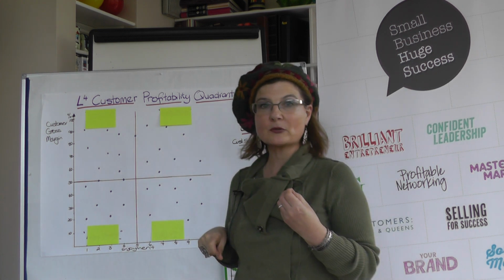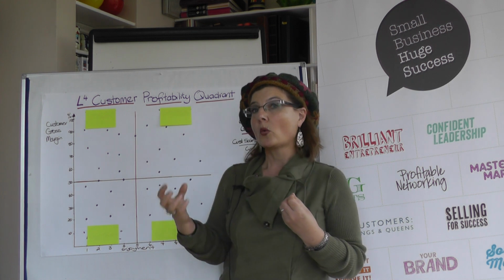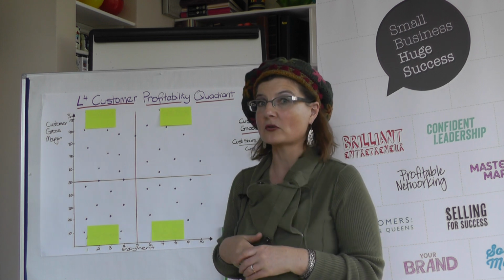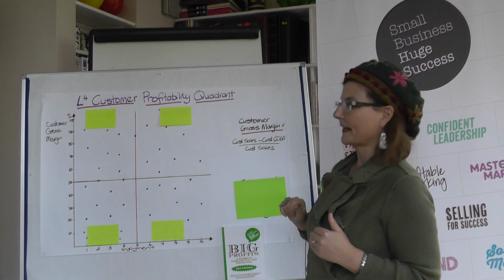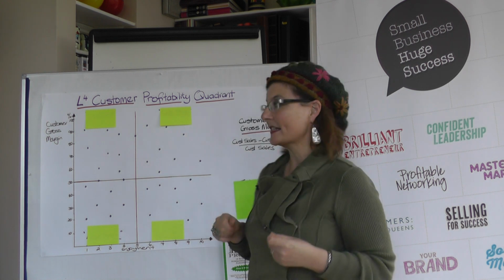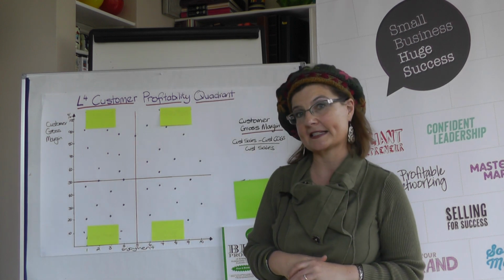So for every customer you have, you work out how much money they have spent with you, what the cost of producing that sale was, so the cost of goods sold, over the customer sales again, times 100. And that comes up with a percentage that you plot on the x-axis.